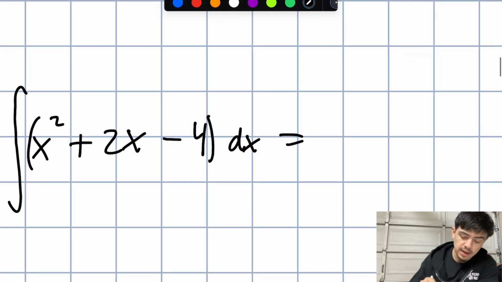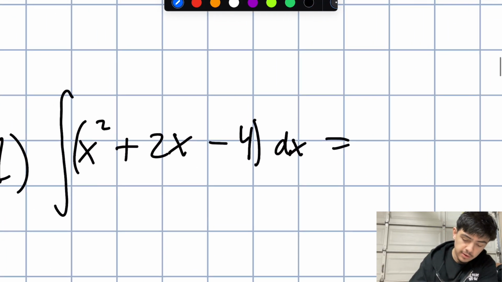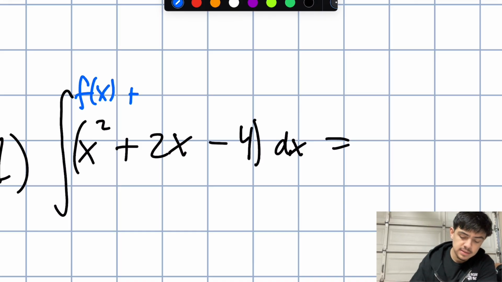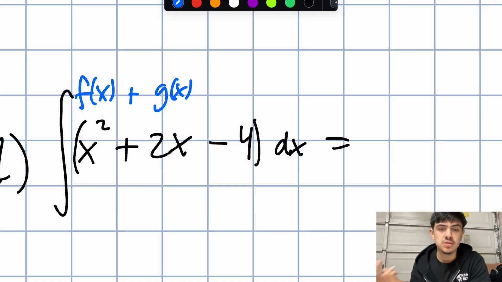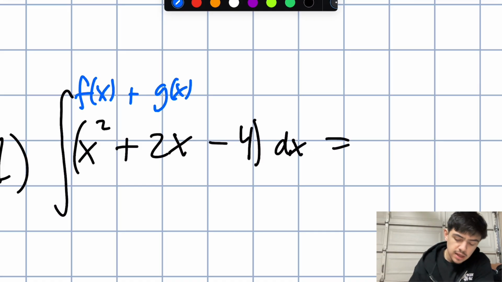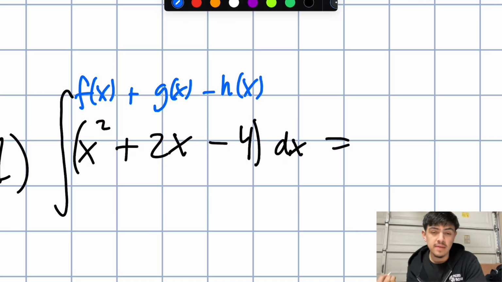We can identify this as our f of x, then a plus, a g of x, some random function. g of x and f of x are just names that I'm calling these functions. And then we have a minus. We'll call this last one h of x. Although there's no x in the 4, there's a negative separating it, meaning it's a separate term, meaning we can separate it into its own integral.